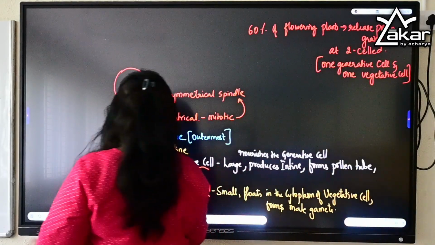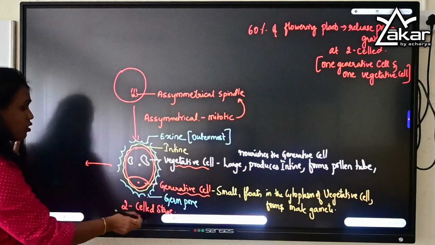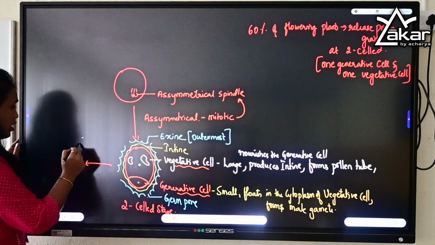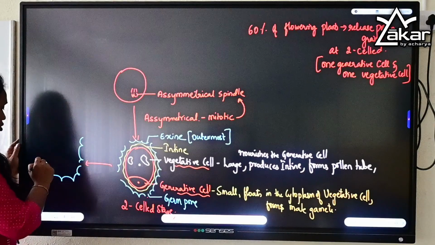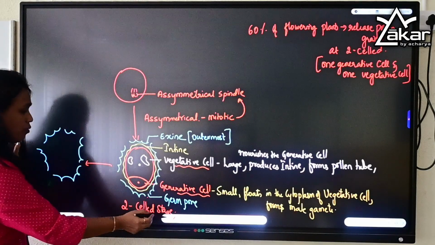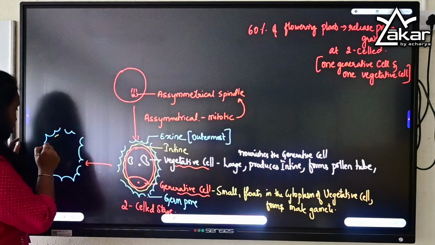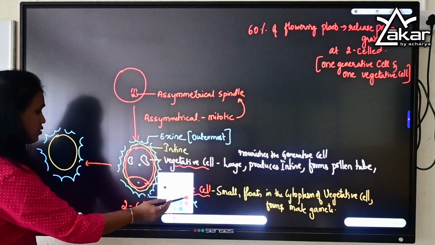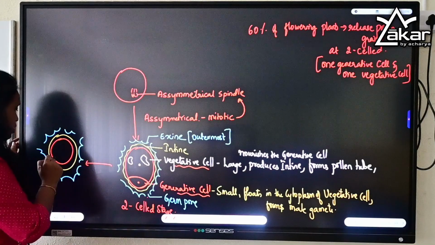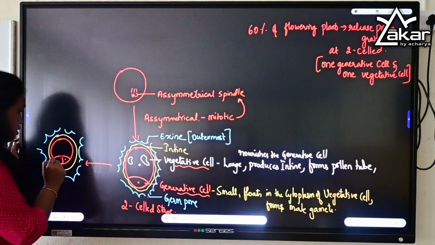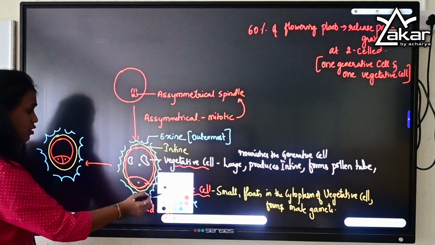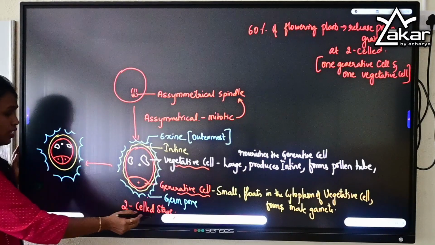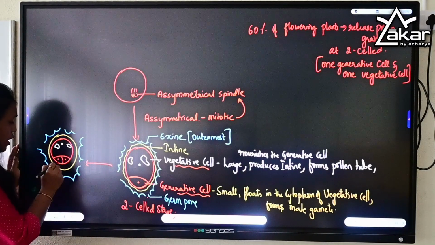Further, only the generative cell can undergo one more division to form the 3-celled stage. How many cells are present here? Here two cells from the generative cell, plus the vegetative cell.